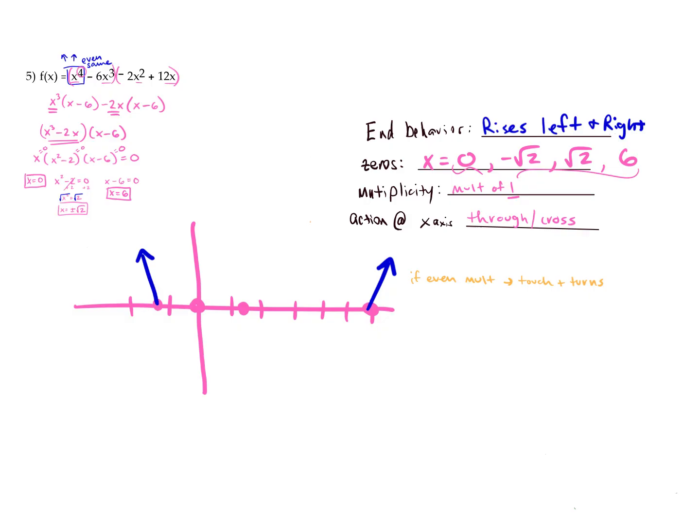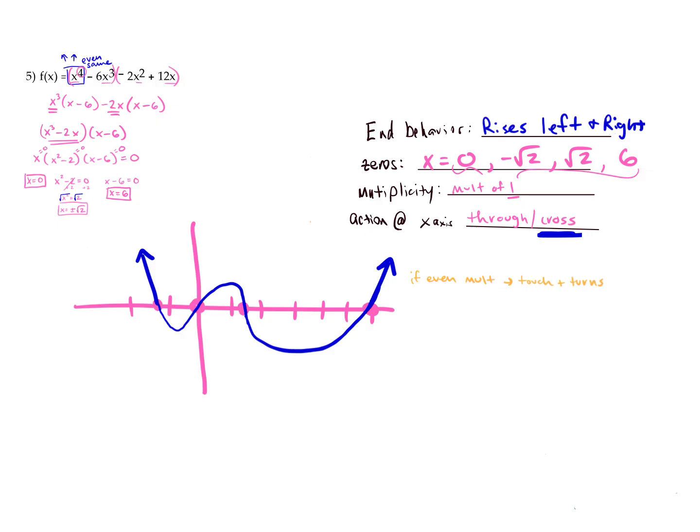And then what do we do at each point here? We're going to cross the x-axis. So I cross the x-axis at this point, go to the next one, cross the x-axis, cross the x-axis, and cross the x-axis. Are you going to make this graph? Yes. You'll have to graph, but with your graph, I'm just looking for you putting the zeros, putting the end behavior on it, and either crossing it or touching and turning.